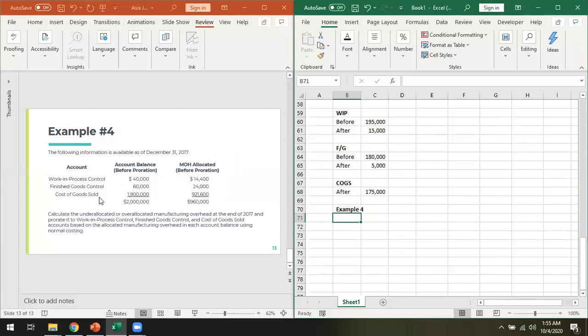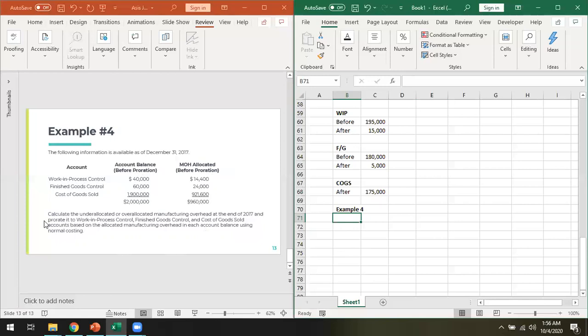We have the following accounts: work in process control, finished goods control, and cost of goods sold. This is the account balance before proration, and this is the manufacturing overhead allocated for each account balance before proration.